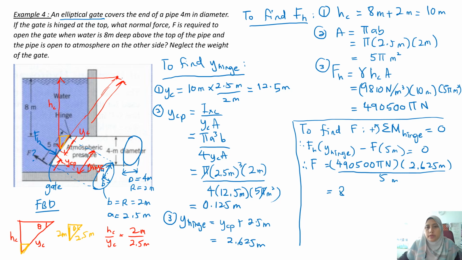It's quite long here. 808,999.3782, right? So you can just simplify it to 809 kilo Newton. Alright? So that should be the answer.